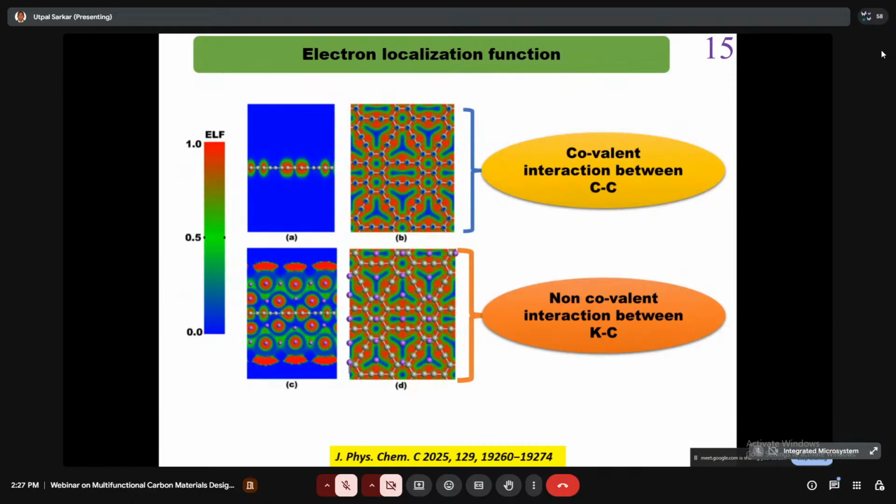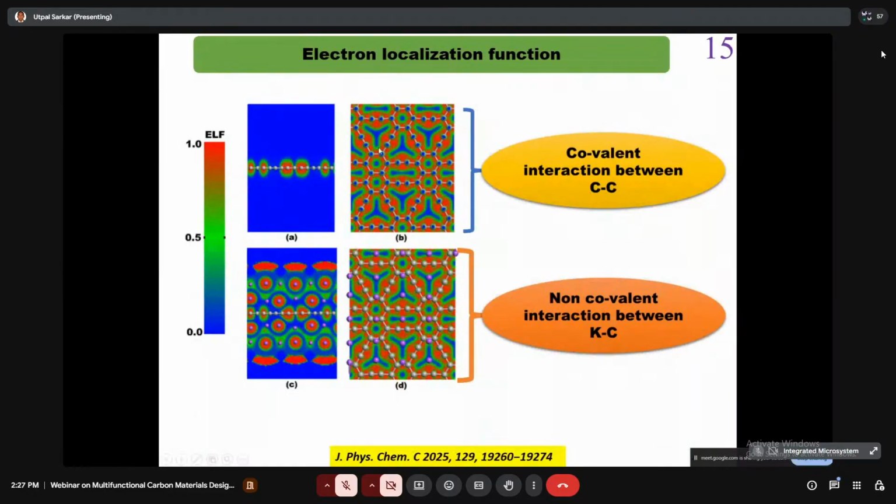Now after absorbing the potassium ion, how does our bonding nature change, in the pristine system as well as in the absorbed system? This is an electron localization plot that you can do using QuantumATK software. We have done it through QuantumATK.